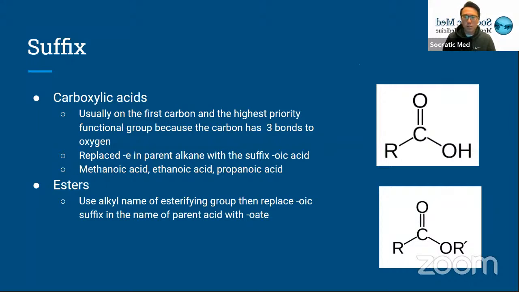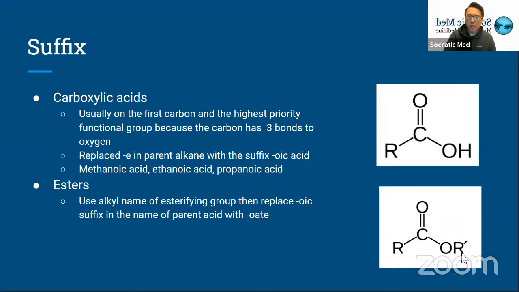And then esters, so those are usually created by reactions with a carboxylic acid and an alcohol. You take the alkyl name of the esterifying group, so usually the alcohol, and then you replace the oic in the name of the parent acid with OA.